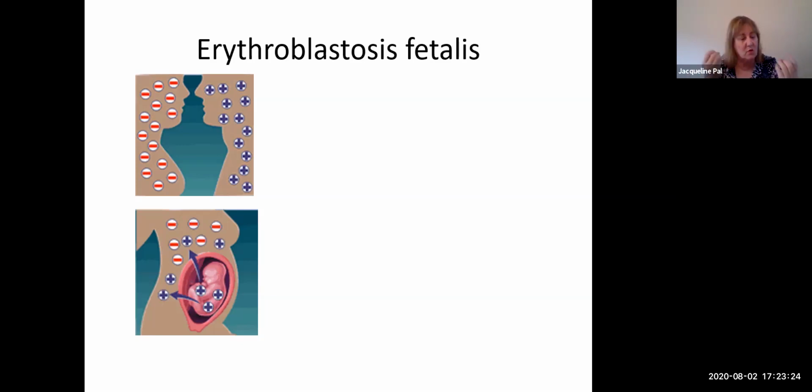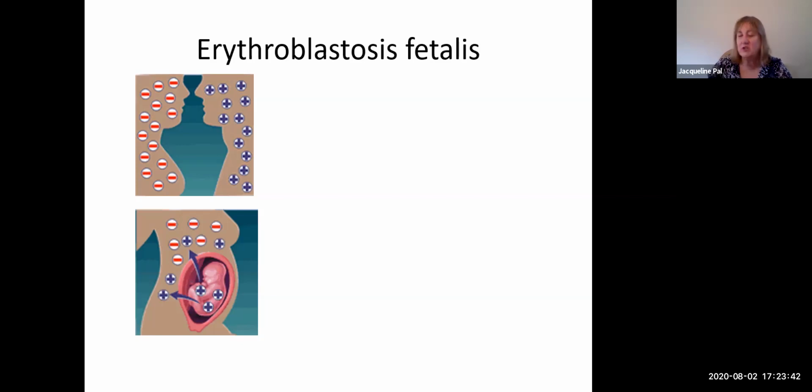Mom's blood vessels are torn, okay? And the baby's antigens can enter the mom's circulation. So the mom's circulation gets the Rh positive blood.